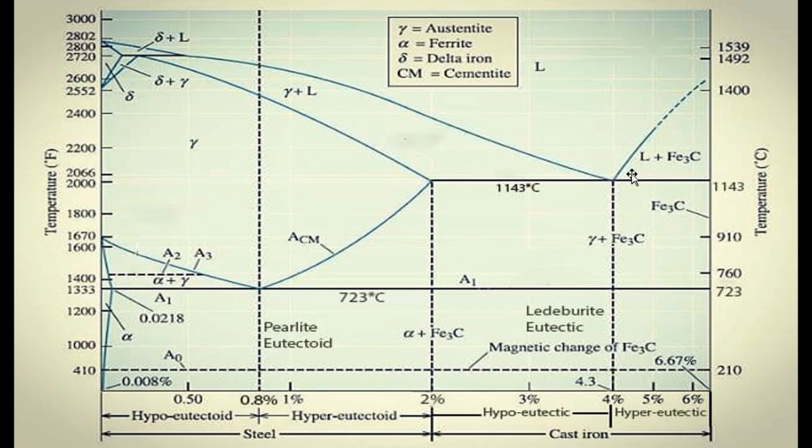At 5% cast iron composition, if I intend to know the ferrite and cementite fraction, how can I calculate? For 5% cast iron, to know the ferrite which is here, I will take the opposite branch, that is 6.67 minus 5, divided by the total distance 6.67 minus 0.008.